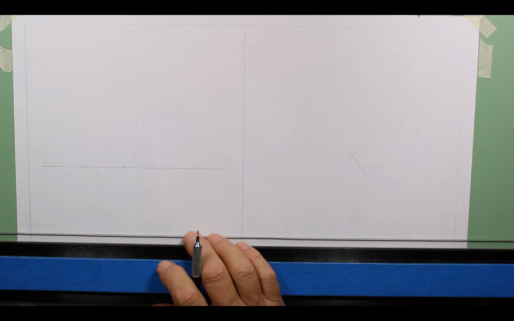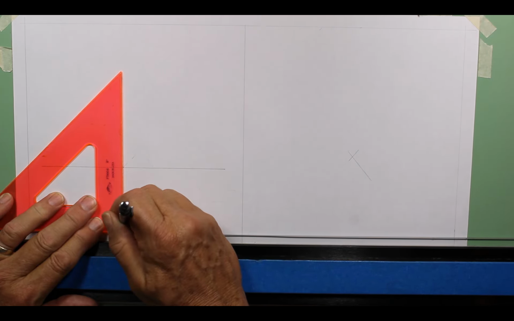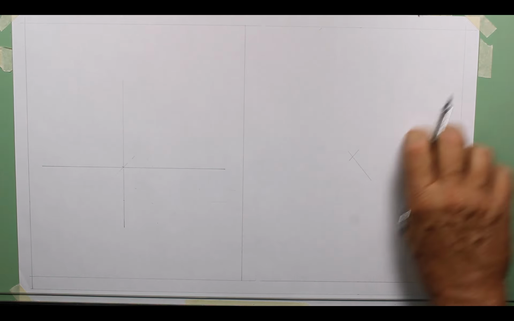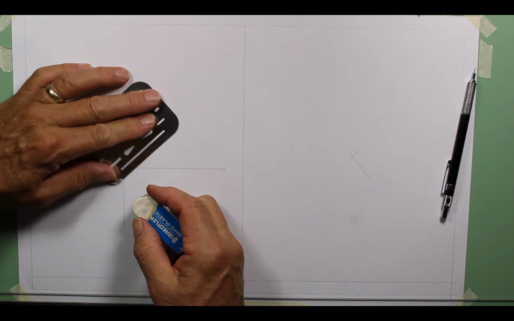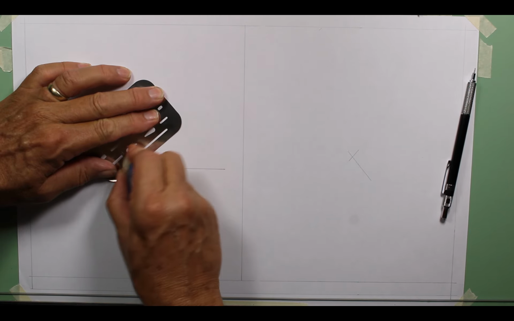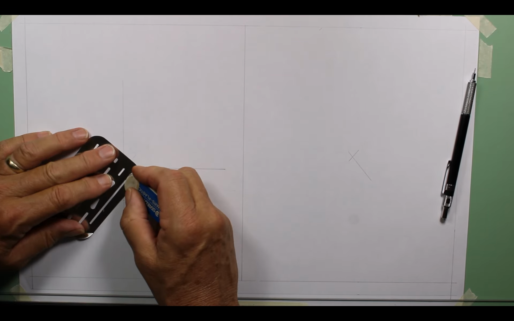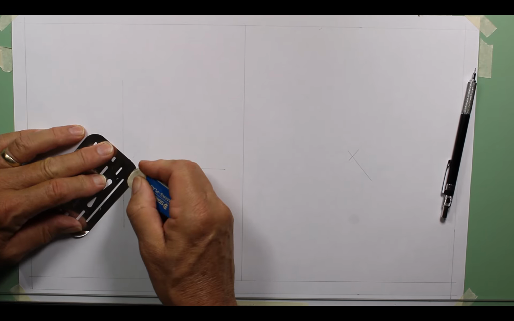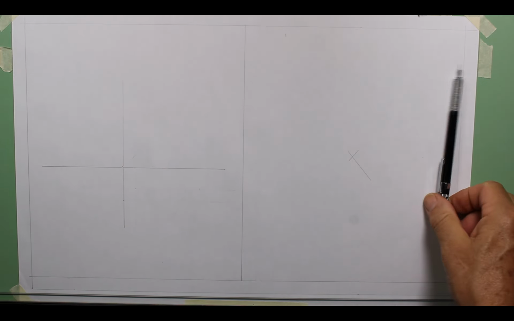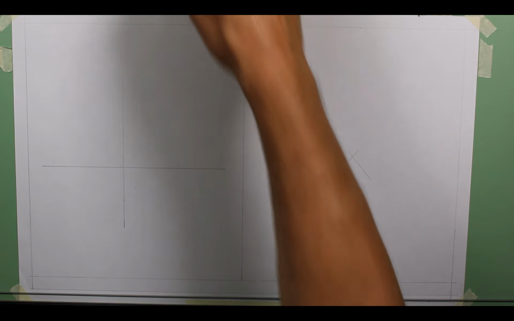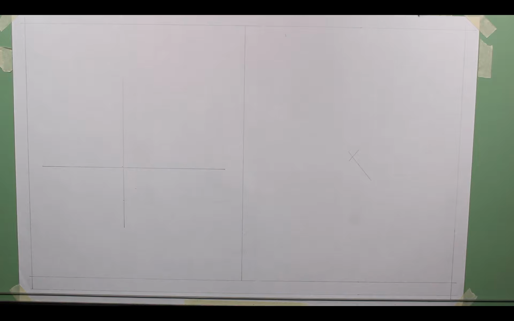I'm going to draw me a center line across and a pretty big center line up, and then clean out that 45-degree line that I had in there. All right, now from there I can draw my big circle, which is a diameter of 64 millimeters.